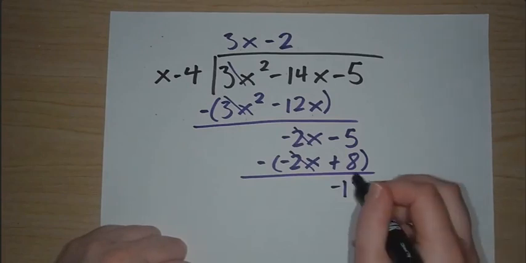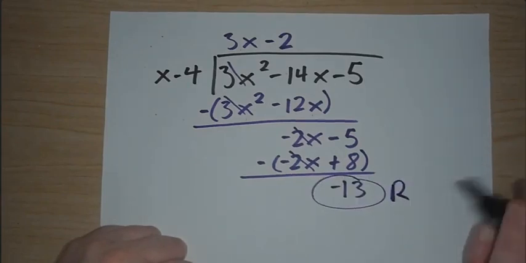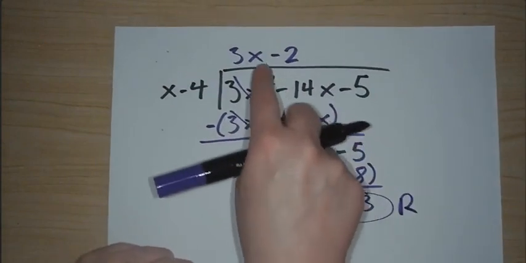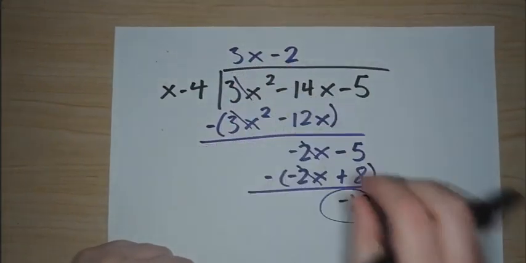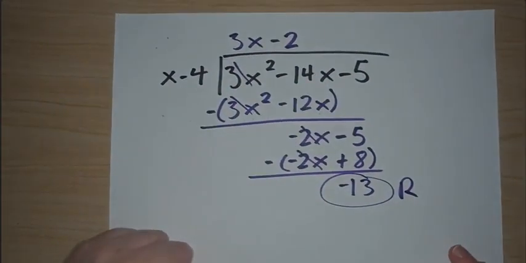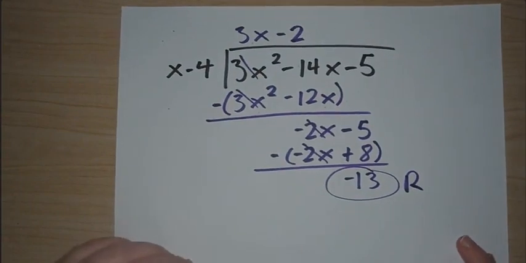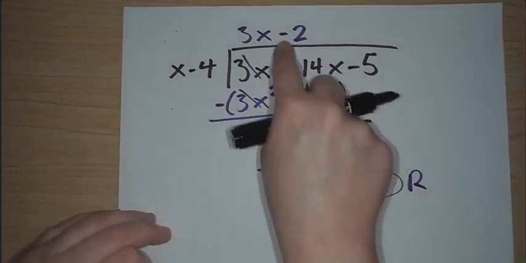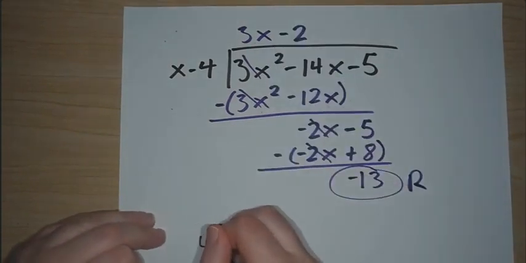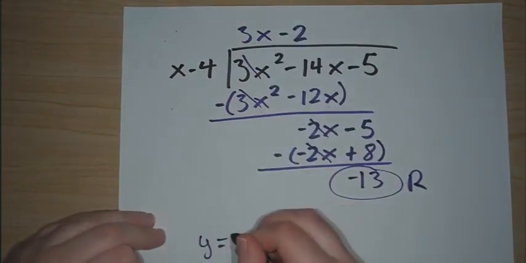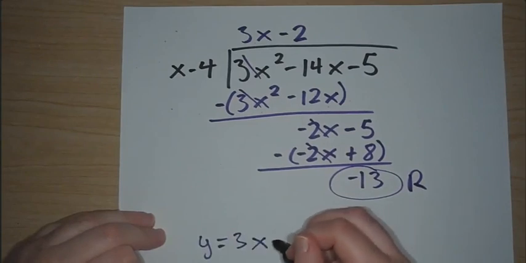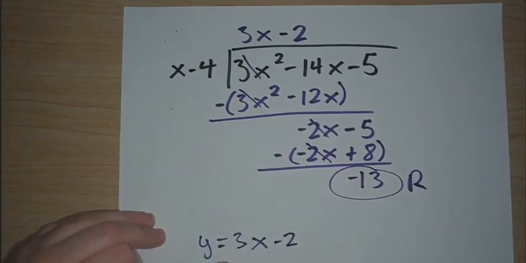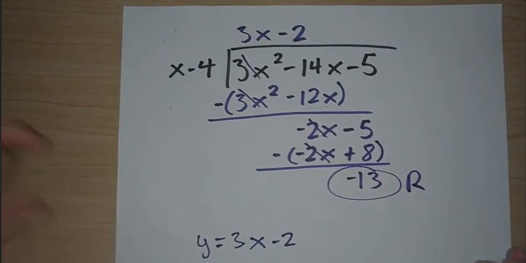And so this is just going to be a remainder. And we're left with this number here, this 3x minus 2. And that is our oblique asymptote. So if we have 3x minus 2, we can rewrite that as y equals 3x minus 2, and this will be our oblique asymptote.